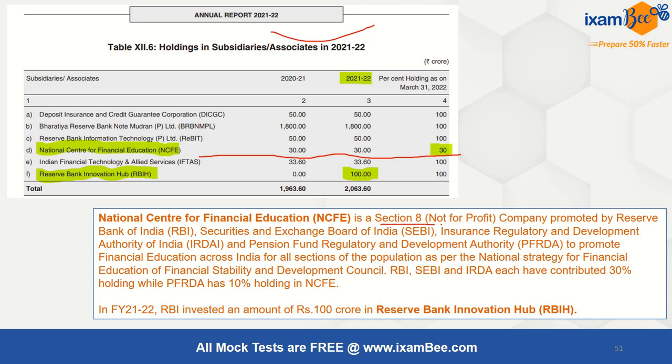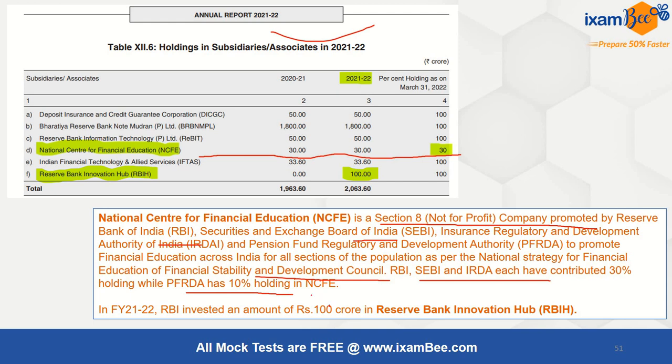This NCFE is a not-for-profit Section 8 company promoted by RBI, SEBI, IRDA and PFRDA to promote financial education across India for all sections of the population as per the National Strategy for Financial Education of the Financial Stability and Development Council. RBI, SEBI, IRDA each contributed 30% while PFRDA contributed 10%.